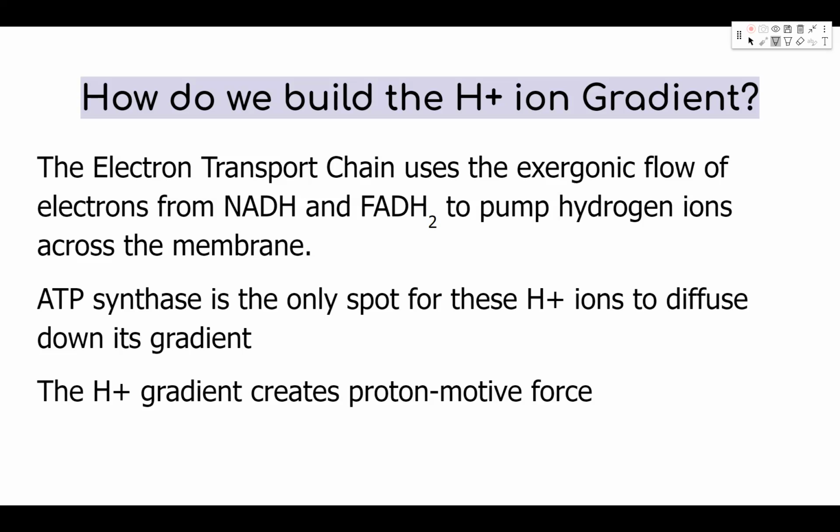As those electron carriers are passed through our electron transport chain, they are releasing energy. That release of energy is used to pump hydrogen ions across the membrane out of that inner mitochondrial matrix into the inner mitochondrial space.